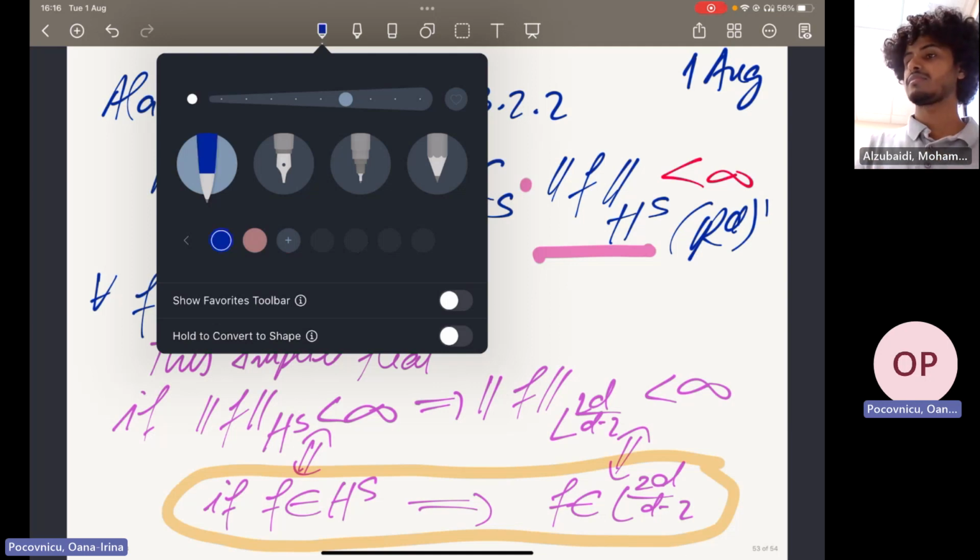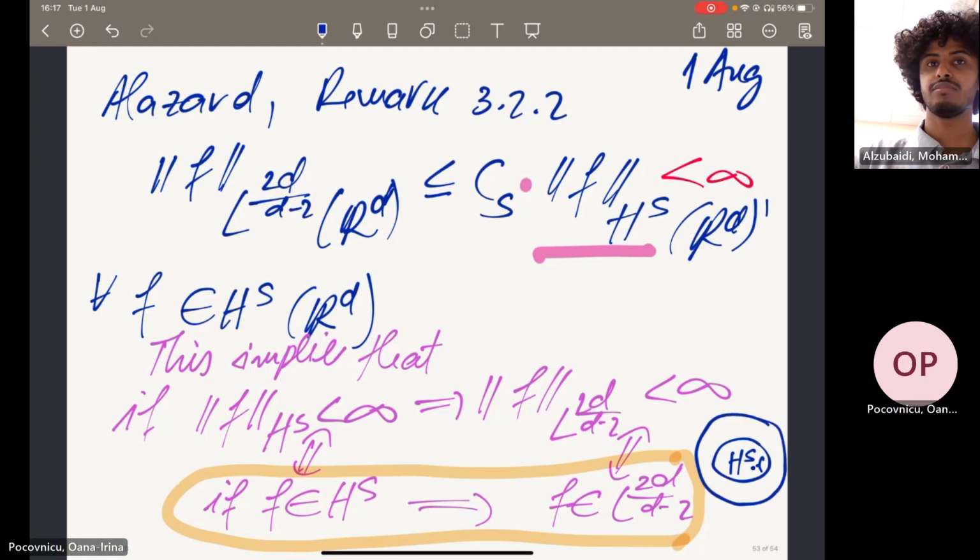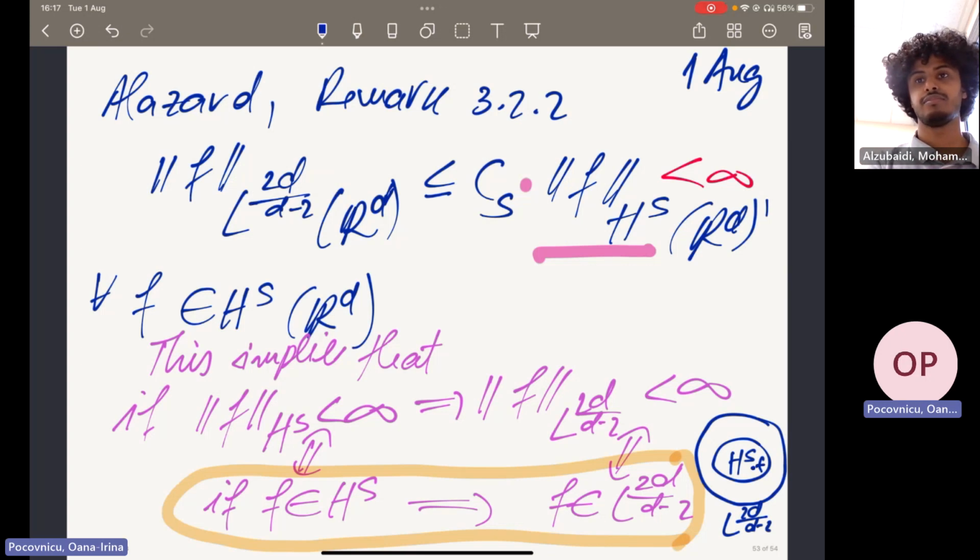Okay, let me try to draw it here, like this. So here I have H^s, a smaller space, and whenever I have a function f in H^s, then automatically it also has to be in this L^(2D/(D-2)), which is a bigger space, right?